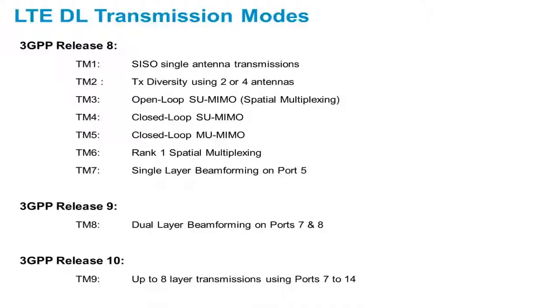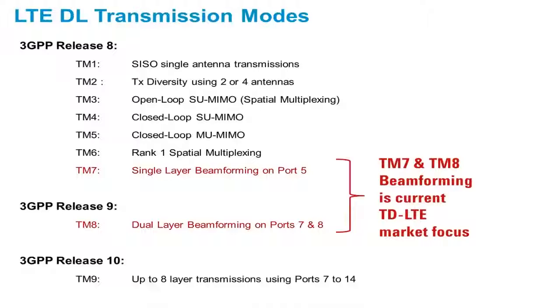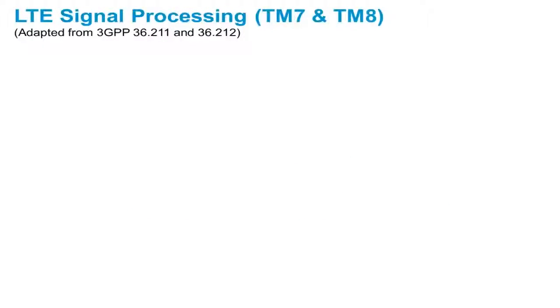For today's discussion, we will focus on transmission modes 7 and 8, which are currently the main development focus for initial TD-LTE market deployments. Now let's summarize the LTE-defined downlink signal processing flow, specifically from a transmission mode 7 and 8 perspective.